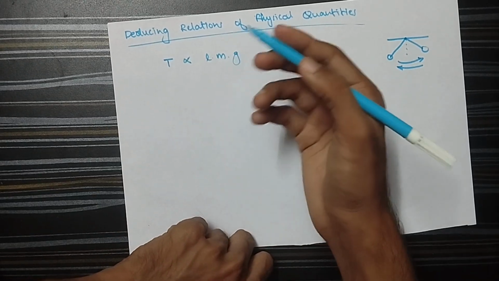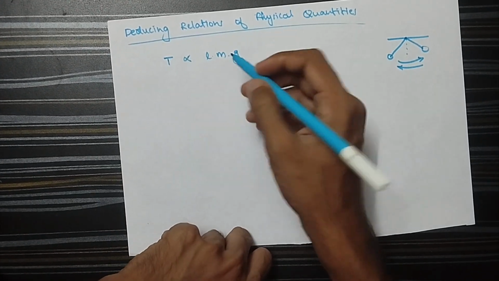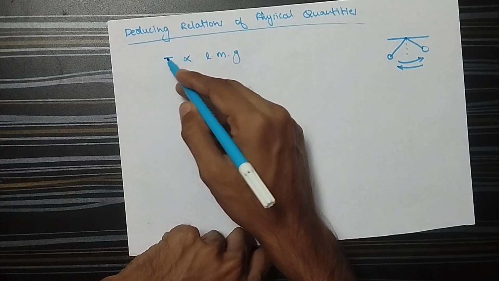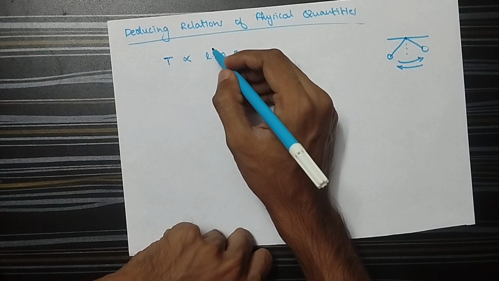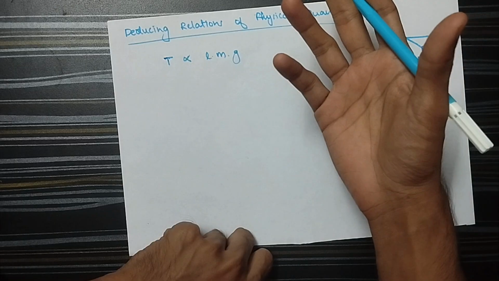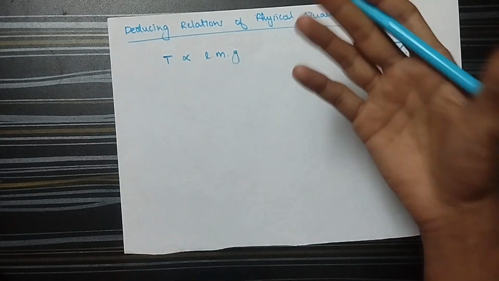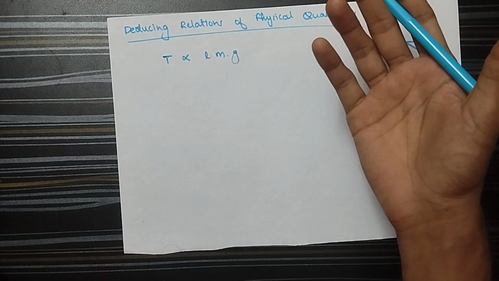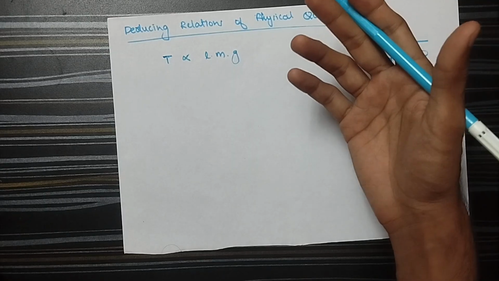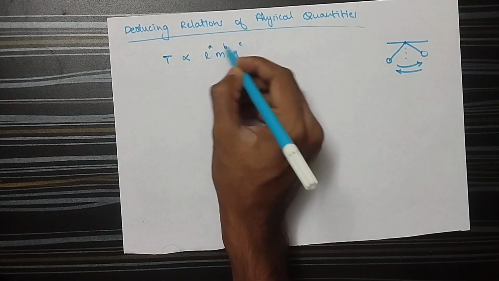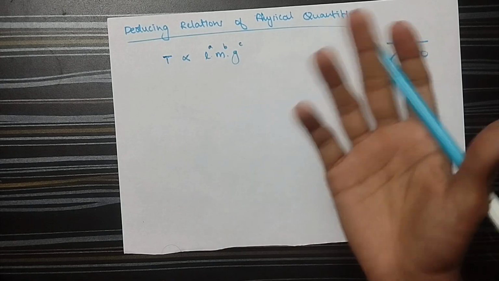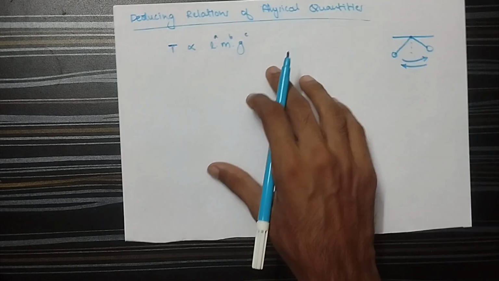So we don't know to what extent these variables matter, right? Like to what degree, if length is more important, or g is more important, or mass of bob is the least dependent, we don't know. So we just write the powers as a, b, c. We have to find these powers, then we can find the actual relation, right?